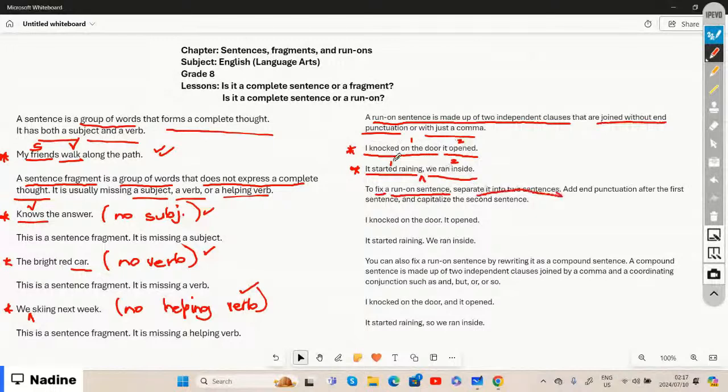There I already drew lines under each of the sentences, one for the first sentence and two for the second sentence. Once we have separated it into two sentences, we add our end punctuation after the first sentence, and then we also capitalize the second sentence, and add our end punctuation at the end.